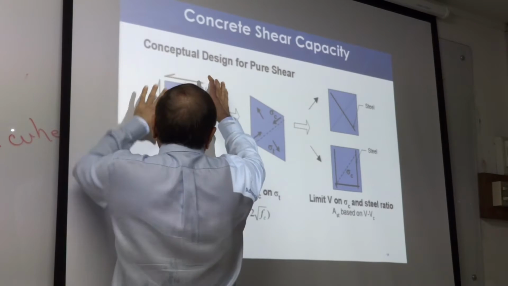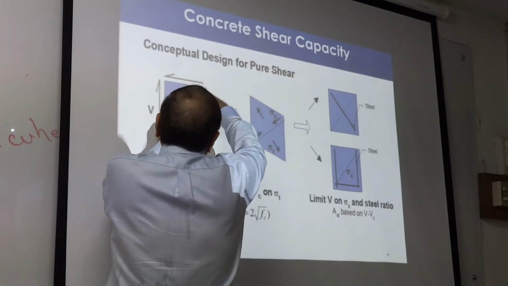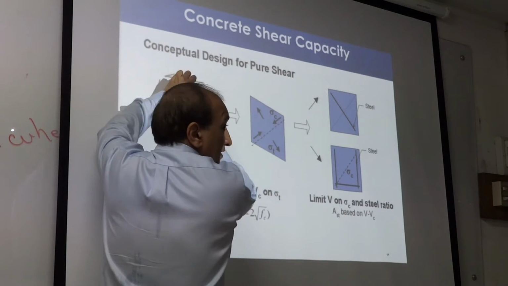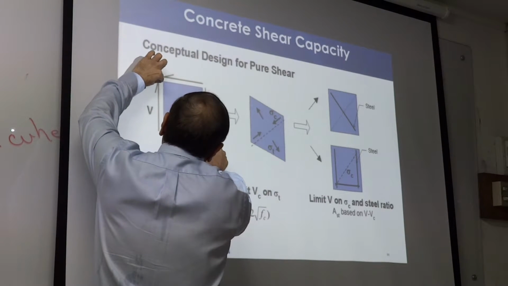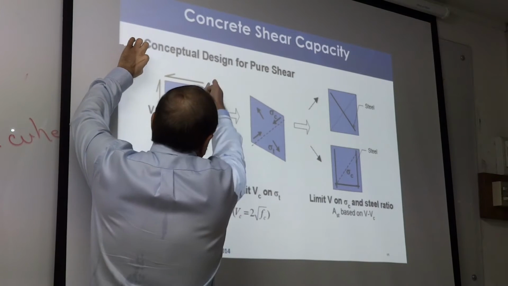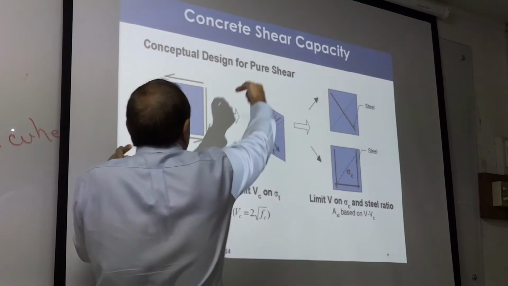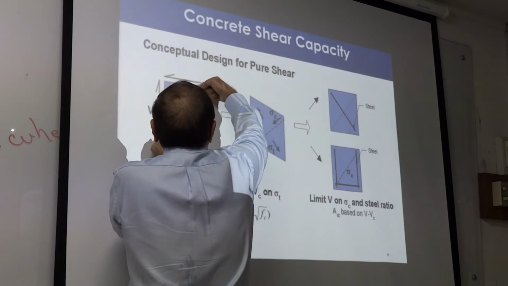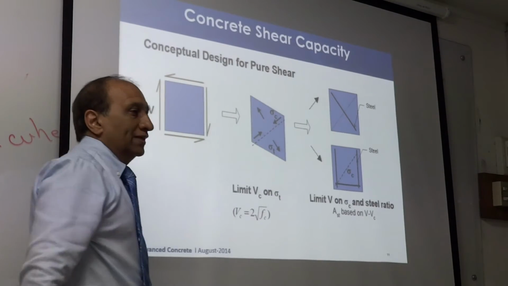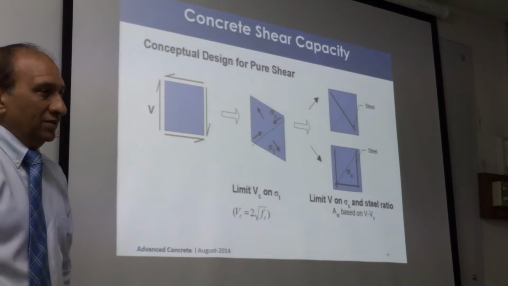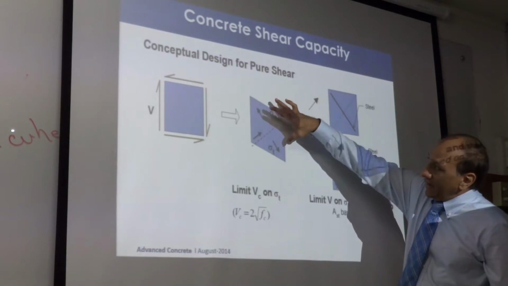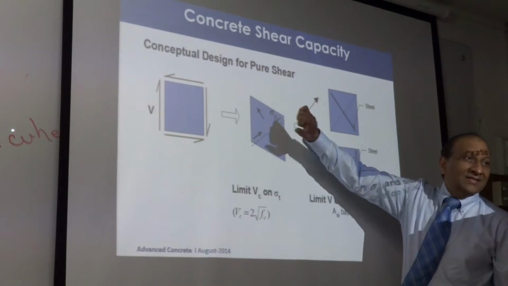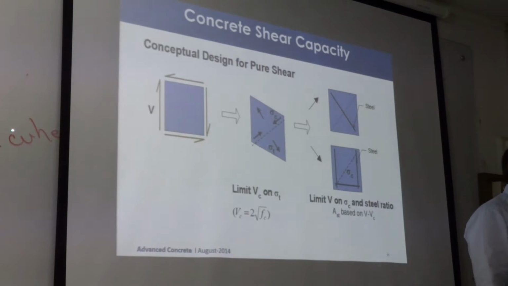So you can imagine if it is being pulled like this one, compression force is acting like this, tension is acting like this. Clear? The vector of these two will be like this, pulling it this way, causing a tension here. And on the other side, two components pushing it inwards, causing a compression. So on this section, we have a compression stress and we have tension stress existing, right?